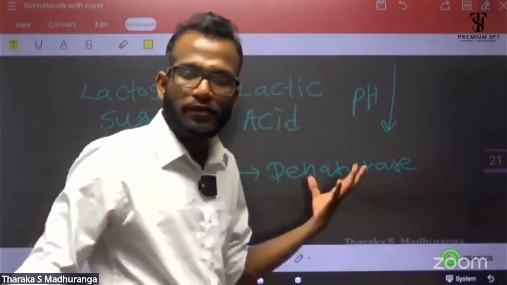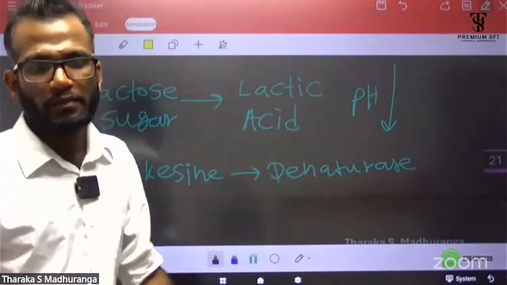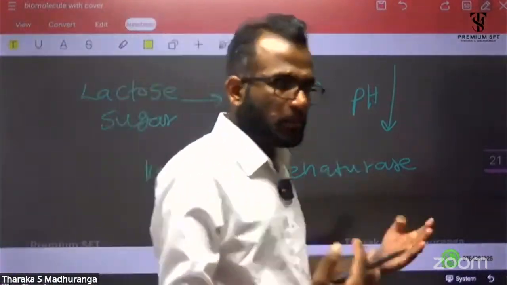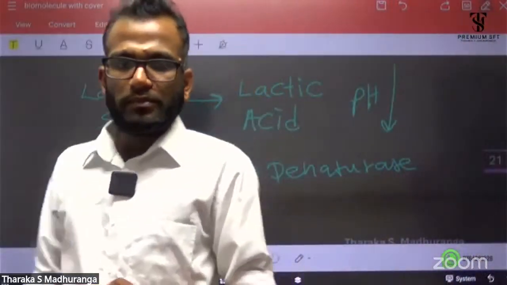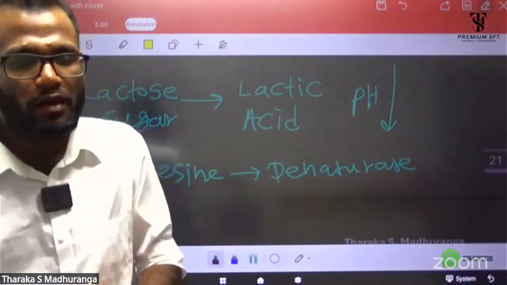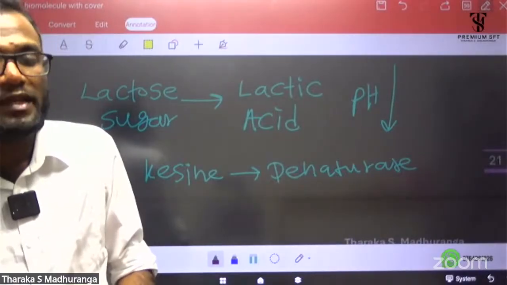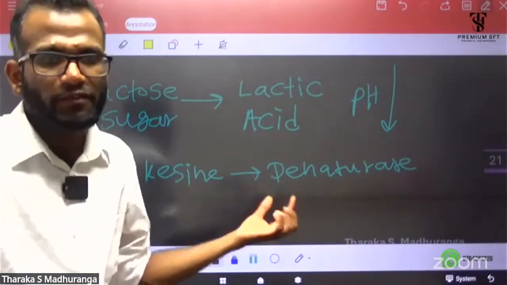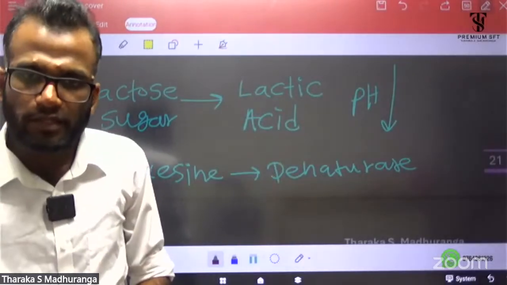As a result of denaturation, the liquid casein converts into solid casein. That's why fresh milk converts into curd, and yogurt is the same thing. Curd and yogurt form with the activation of lactic acid bacteria. Lactic acid bacteria convert lactose sugar into lactic acid. Understood?